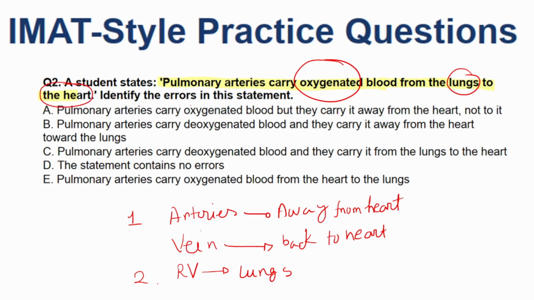They must travel away from the heart toward the lungs. The vessels that actually carry oxygen-rich blood from the lung back to the heart are pulmonary veins. By combining this correction, we can see that pulmonary arteries carry deoxygenated blood and they carry it away from the heart toward the lungs.